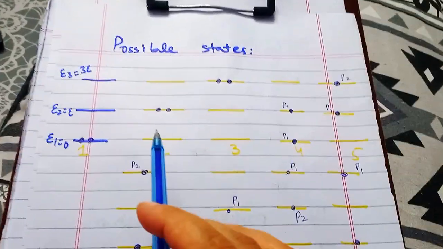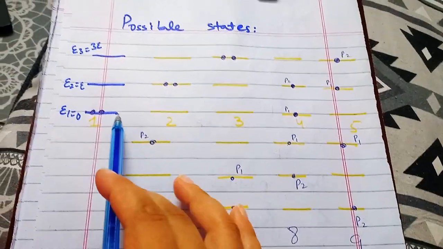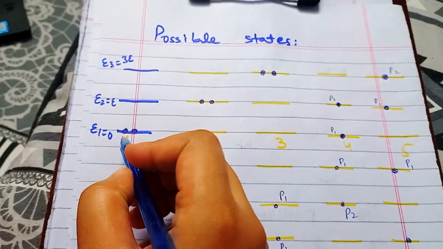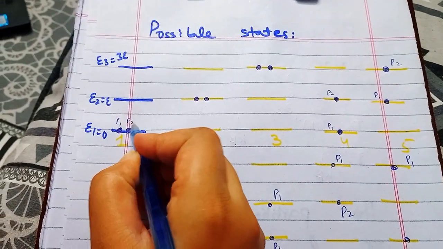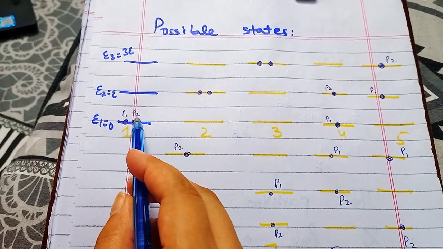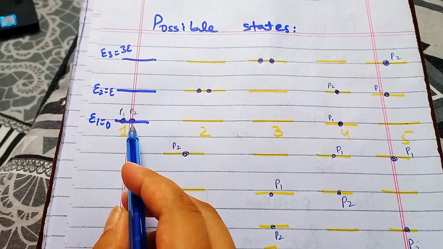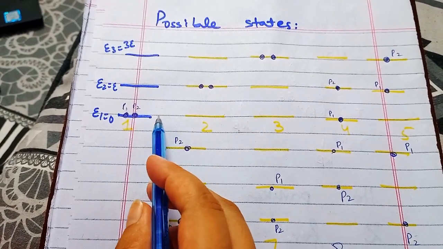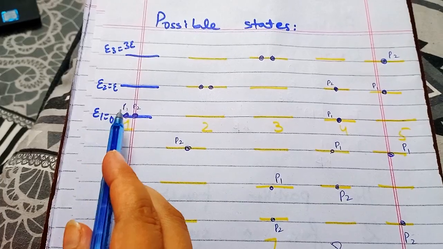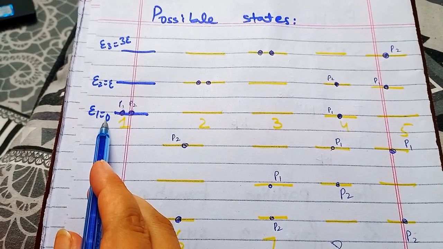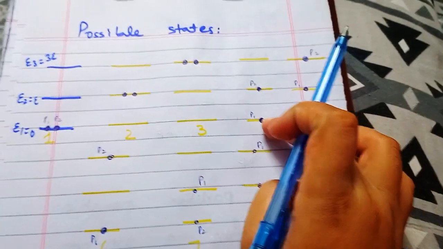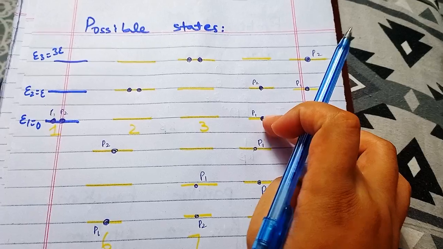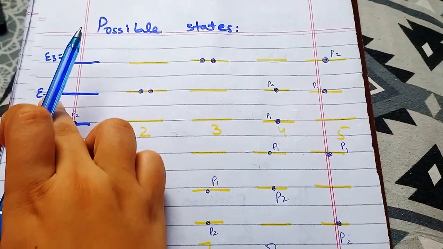You must be wondering why I didn't do it here for the first 3. It's because both of them are in the same state. So if P1 and P2 are both in the same state, if P2 is here and P1 is here, that doesn't make any difference to the state they are occupying, because both of them are occupying the zero energy state. But in these cases, P1 is occupying the 0 state and P2 is occupying the E state.